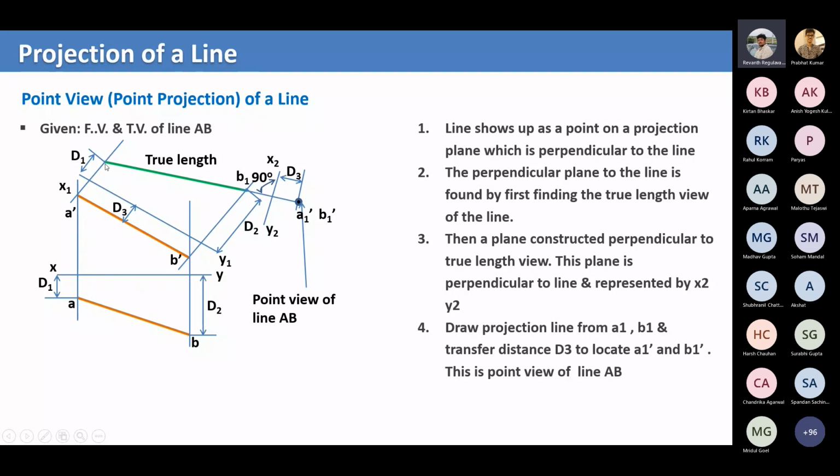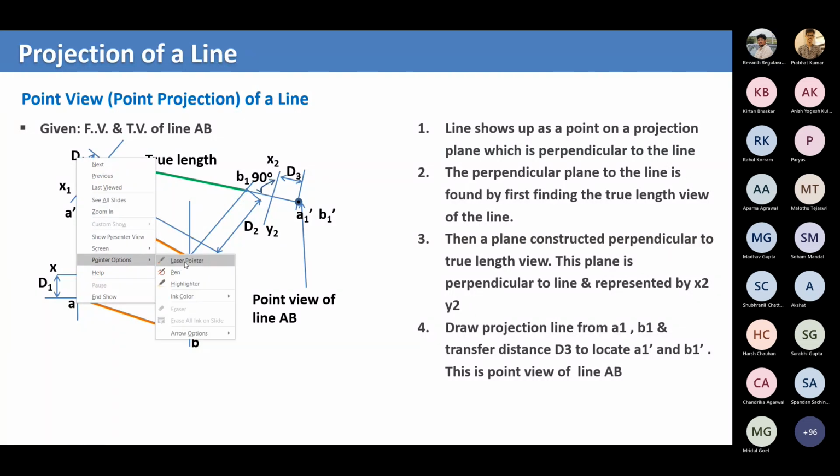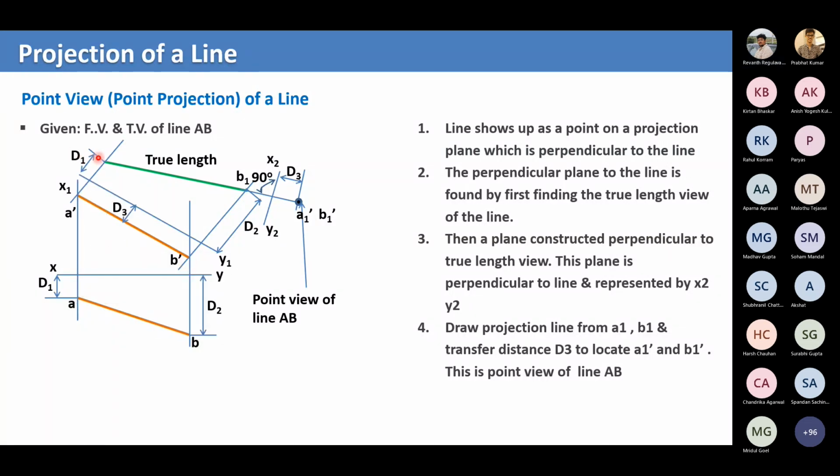Now when you see this line from this angle, like this, you will observe it as a point. These ends A1 and B1 both will coincide. So then you will get a point. So here you took an auxiliary front view.